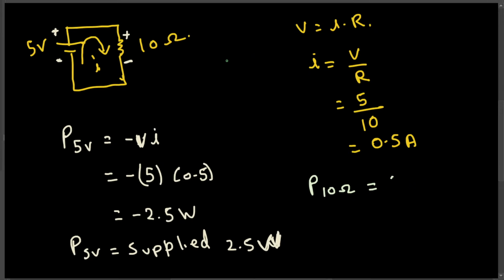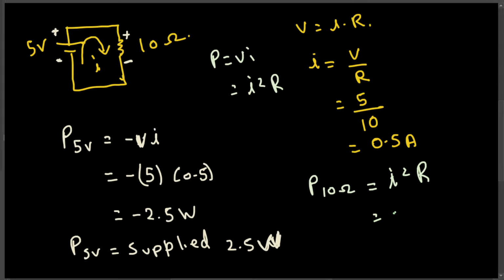Here is how you can derive it: P is equal to VI, that's the power formula. And whenever we are dealing with a resistor, instead of V, we can place IR. So this is going to be I squared R. So P is equal to I squared R. That's the equation I'm going to use right here.